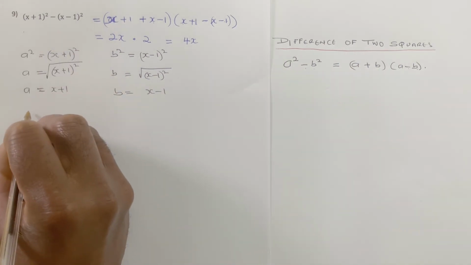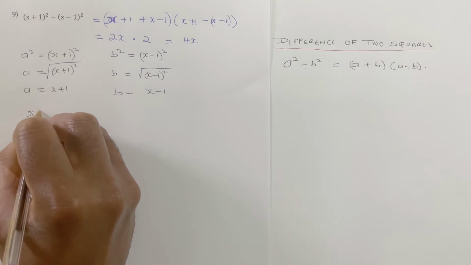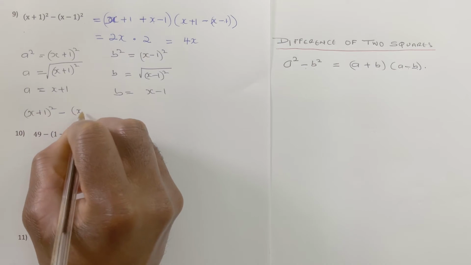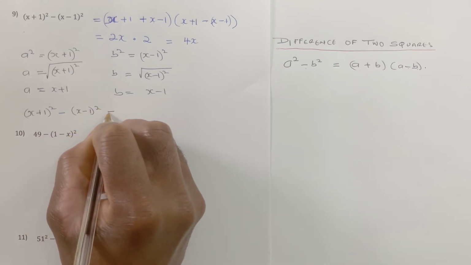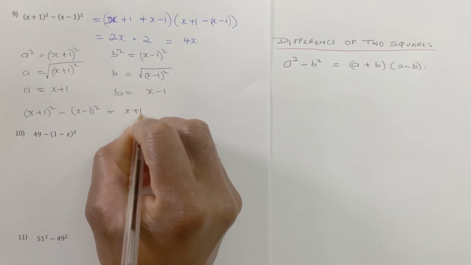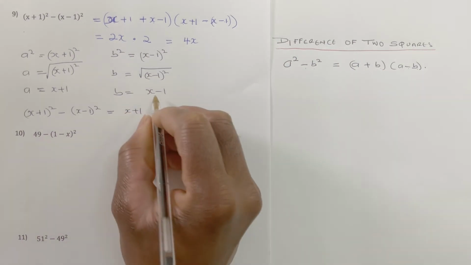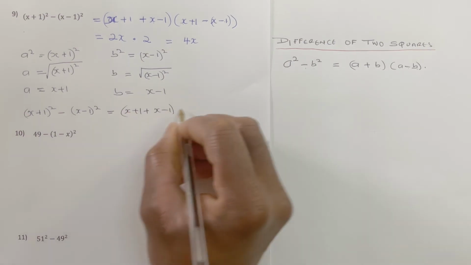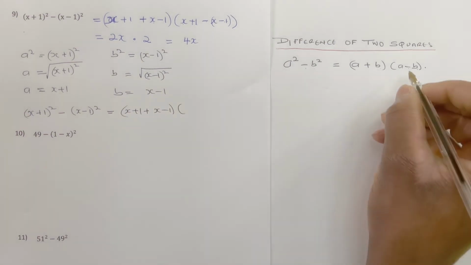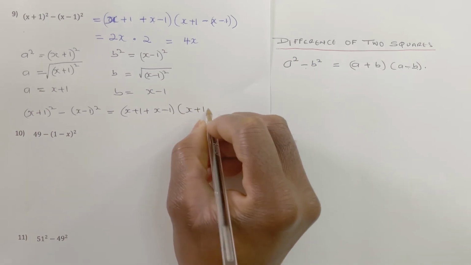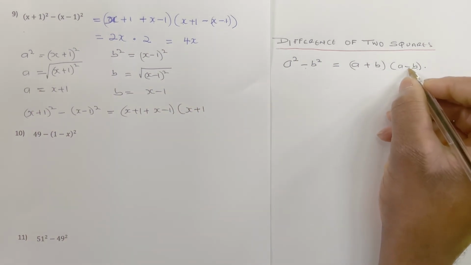So you want to say, well, x plus 1 squared minus x minus 1 squared will be equal to a, which is x plus 1, plus b, which is plus x minus 1, another open bracket, a, which is x plus 1, minus, because there's a minus here, you've got to be careful.